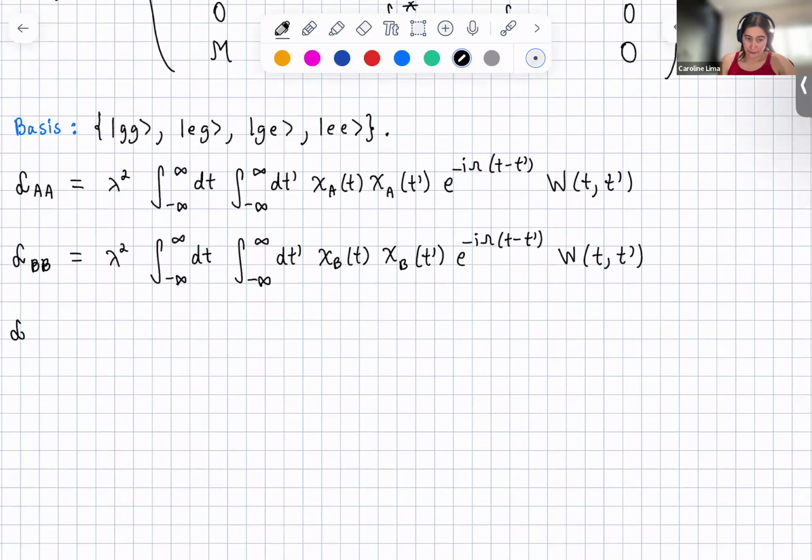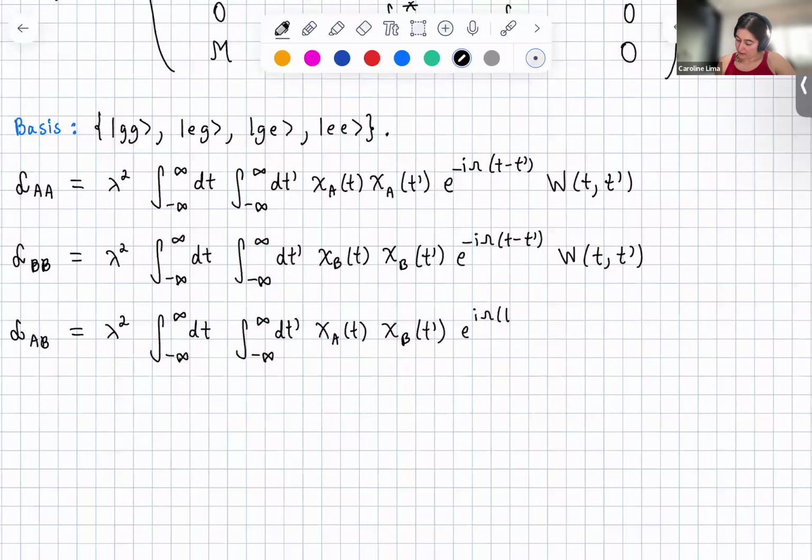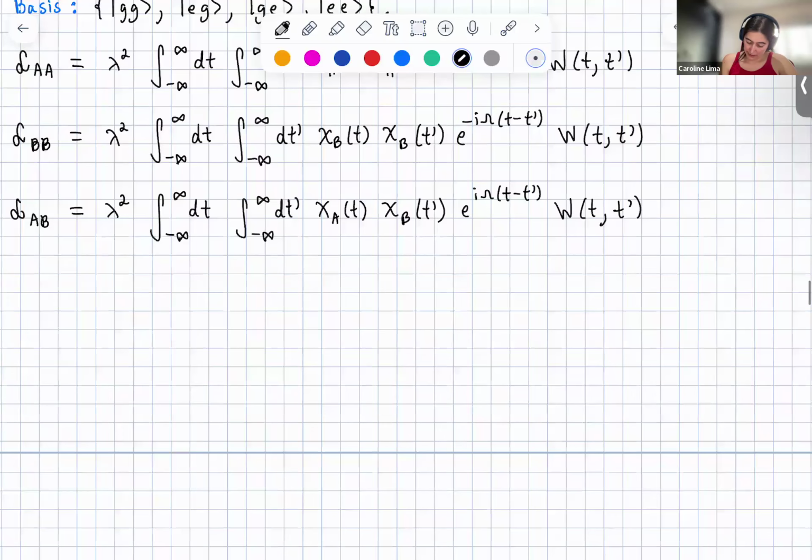Now LAB is going to be lambda squared, dt, dt prime, chi A of t, chi B of t prime, and then e to the I omega t minus t prime times the Wightman function, and finally the M term. The M term is going to be minus lambda squared integral from minus infinity to infinity of dt dt prime.